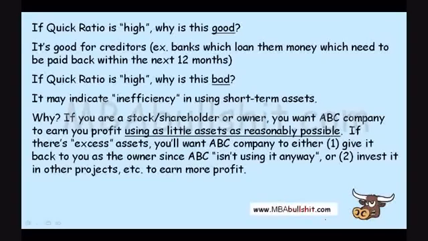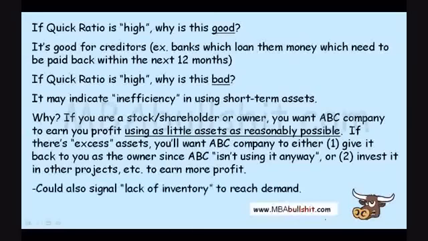If there are excess assets, you'll want ABC company to either give it back to you as the owner, because ABC isn't using it anyway, so that you can use it personally, or you'll want ABC to invest it in other projects so that it can earn more profit for the company.